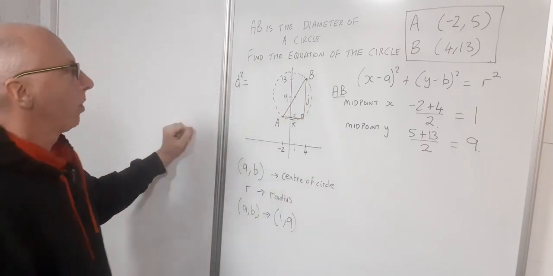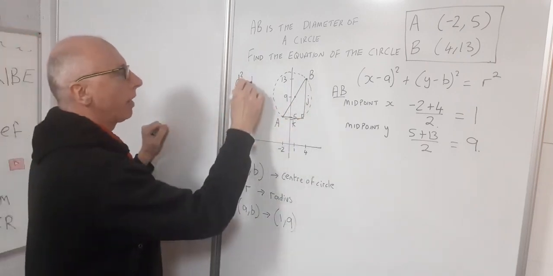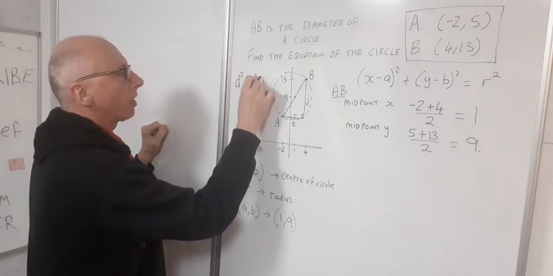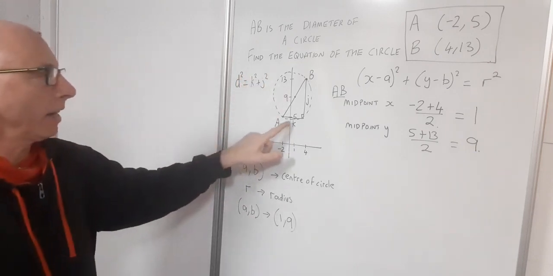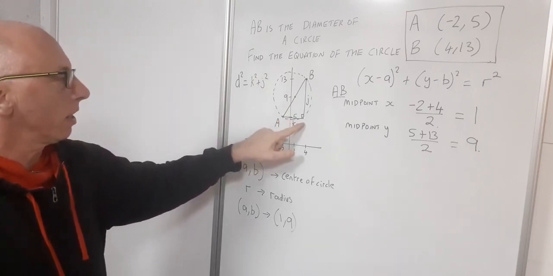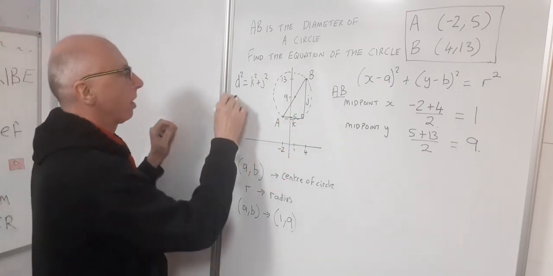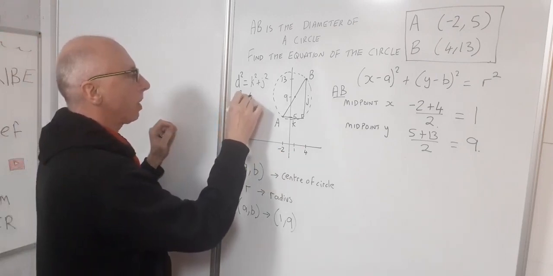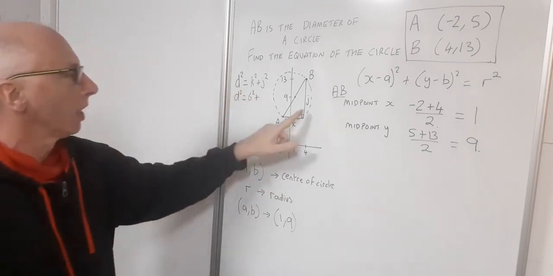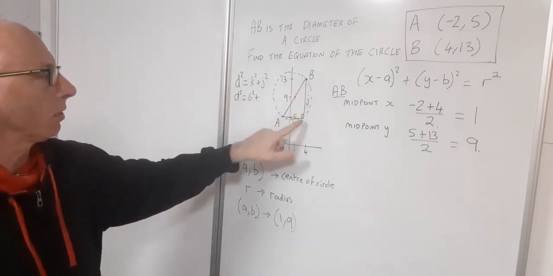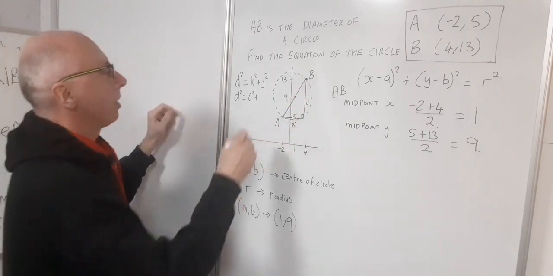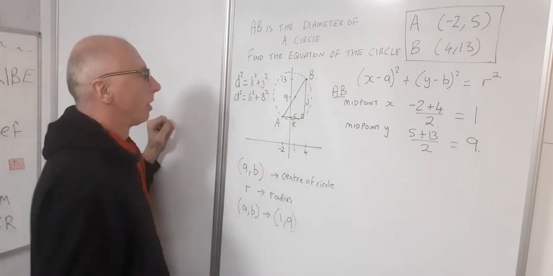Okay, so therefore D squared equals K squared plus J squared. And K is the length of this side here, which goes from 4 to -2, which is 6. So D squared equals 6 squared plus J, which is 13 to 5, which is 8, so 8 squared.